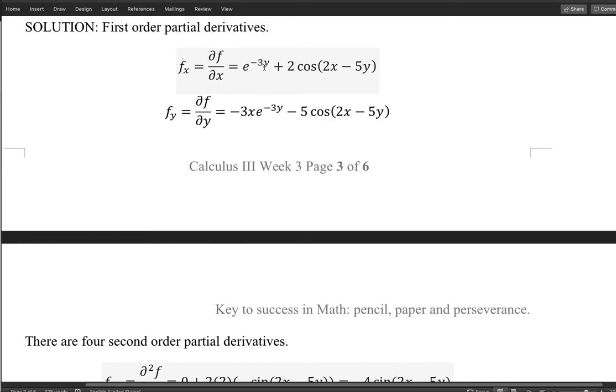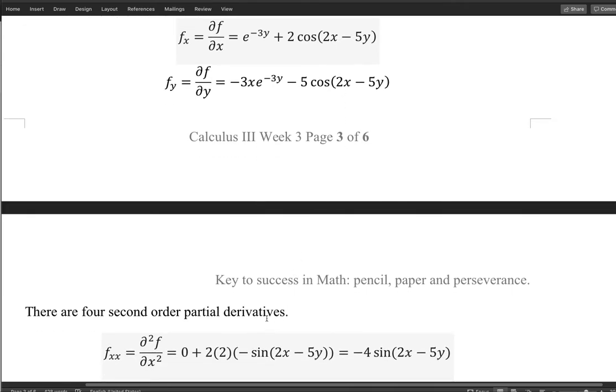This is a constant, derivative 0. This part, cosine, changes back to sine, actually precisely negative sine. The 2 stays, but there's another 2 coming out from the inner part, from the chain rule. So it turns out to be negative 4 sine of the function.